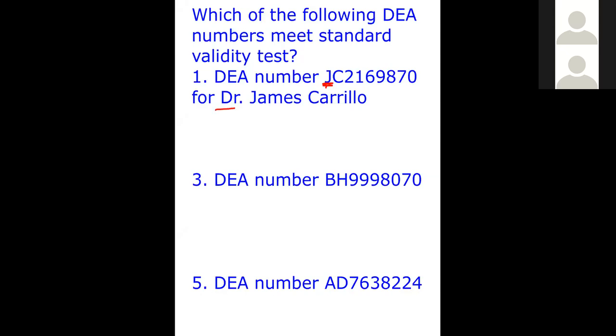Remember that for doctors, we use the letter A, B, or F. So just by that, we simply know that this does not meet the standard.